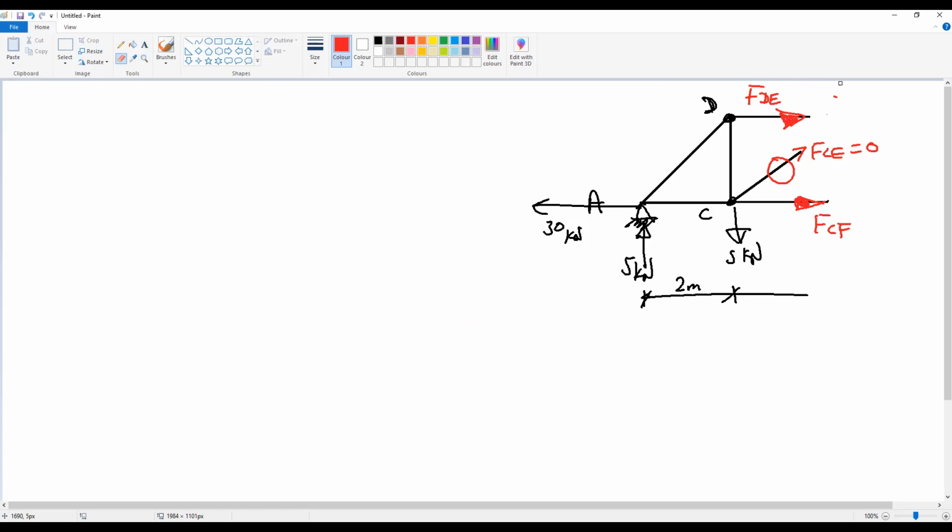If we apply the same ideas again, how can we get the forces in members DE and CF? Now we only know that CE, the diagonal, is a zero force member, and the next step is to find DE and CF.